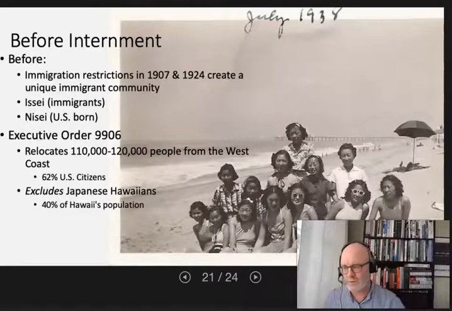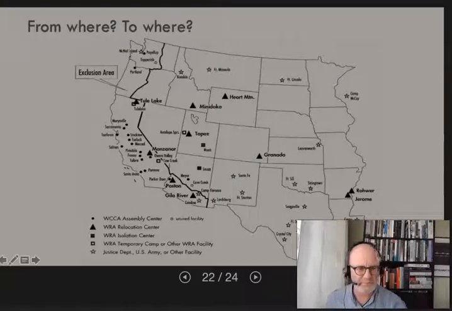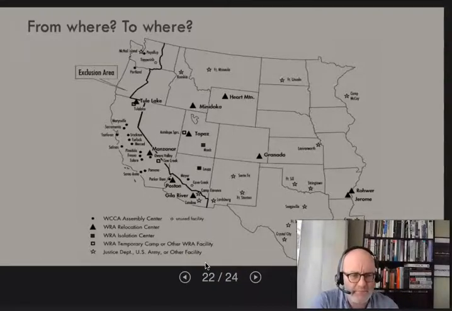Where in the West Coast, if you look at this next image, this is the exclusion zone along the West Coast. For decades, American agricultural interests, all the way back to the turn of the century in the early 1900s, have been pushing, passing laws so the Japanese can't own property, taxing them, because they're competing largely in agriculture with American agricultural interests.